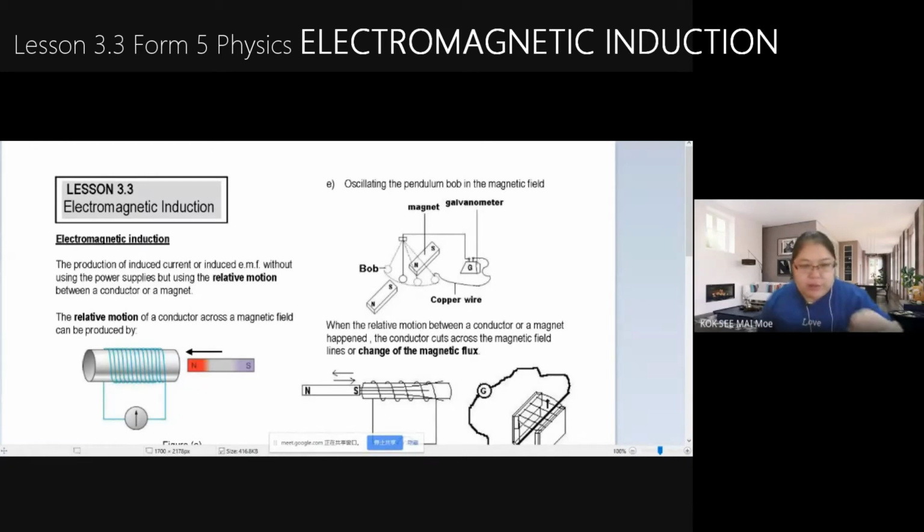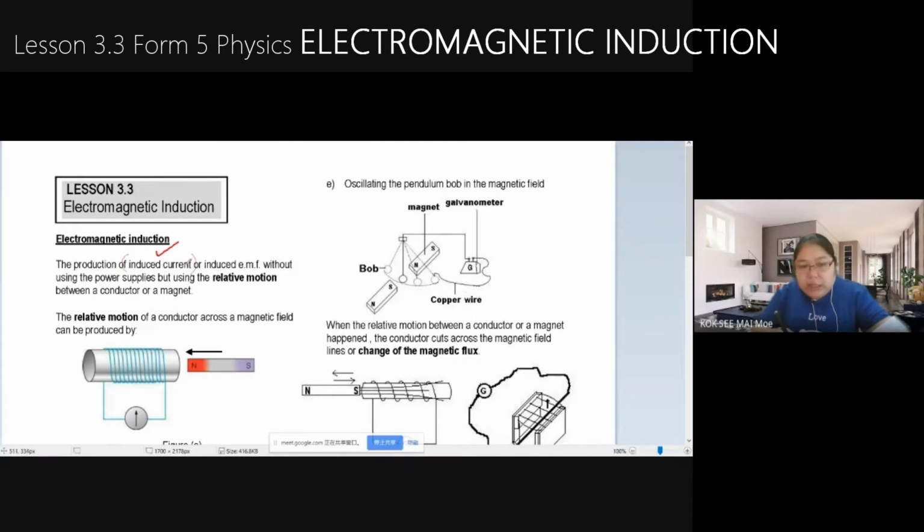Okay, let me start the electromagnetic induction. The first part shows the definition: the production of the induced current. Induced current means the current that comes out. We cannot say normal current. Induced current means I generate it to come up.